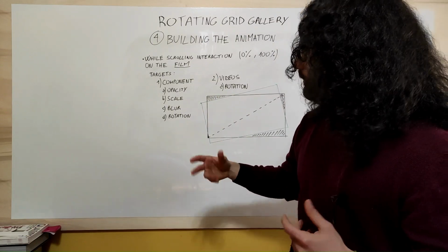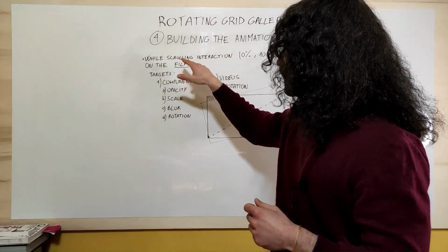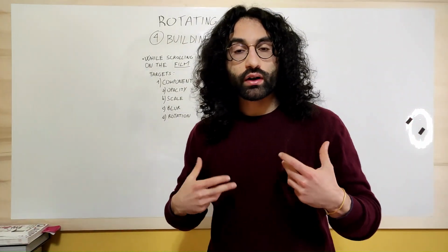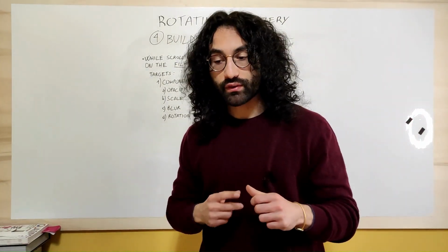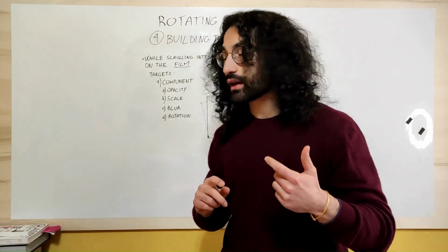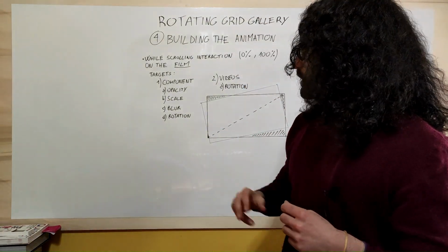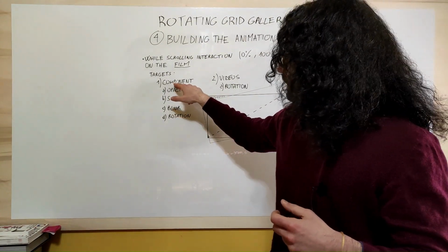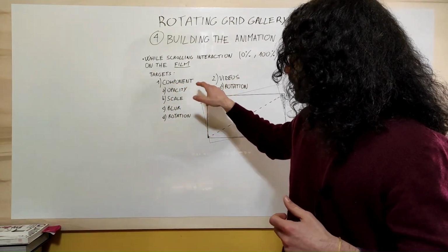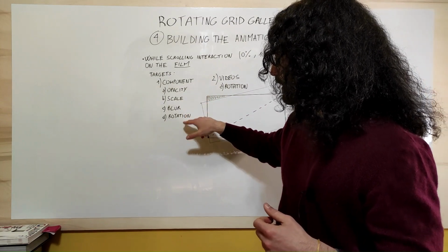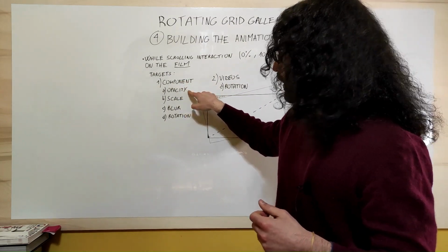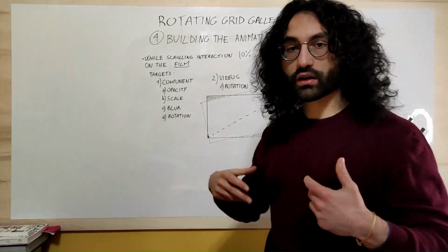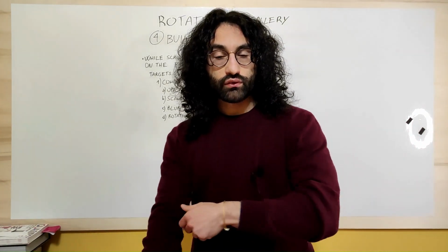That's why inside Webflow we are going to choose a while scrolling type of interaction, and we are going to focus on just two keyframes, 0% and 100%, and we are going to target just two types of elements, our component and our videos. We are going to act on properties for our component like opacity, scale, blur, and rotation. And as for our videos, we are targeting rotation, transform.